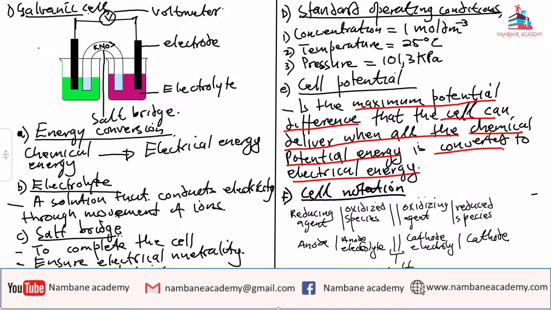But now the question will be, what do these lines now basically represent? Ladies and gentlemen, this represents what we call phase border. Phase borders is very important for us to understand.